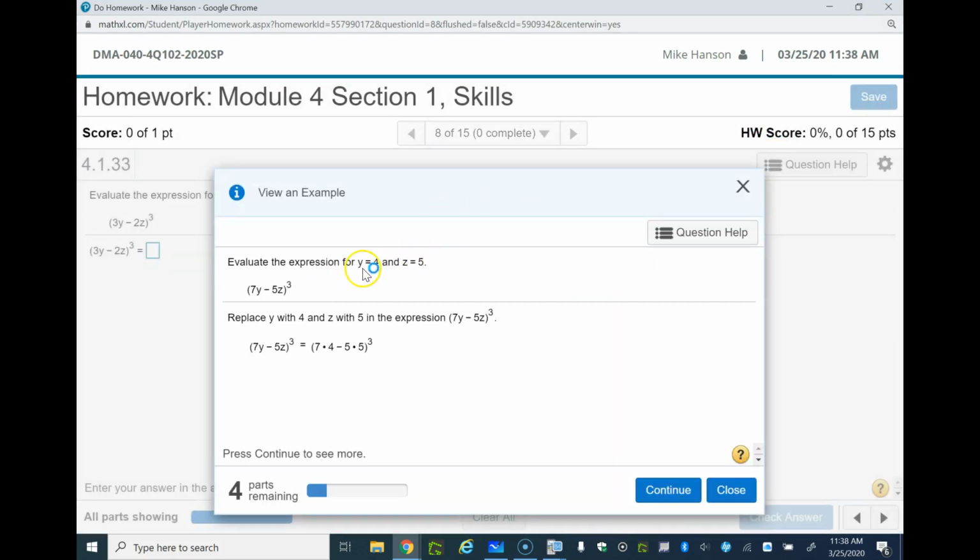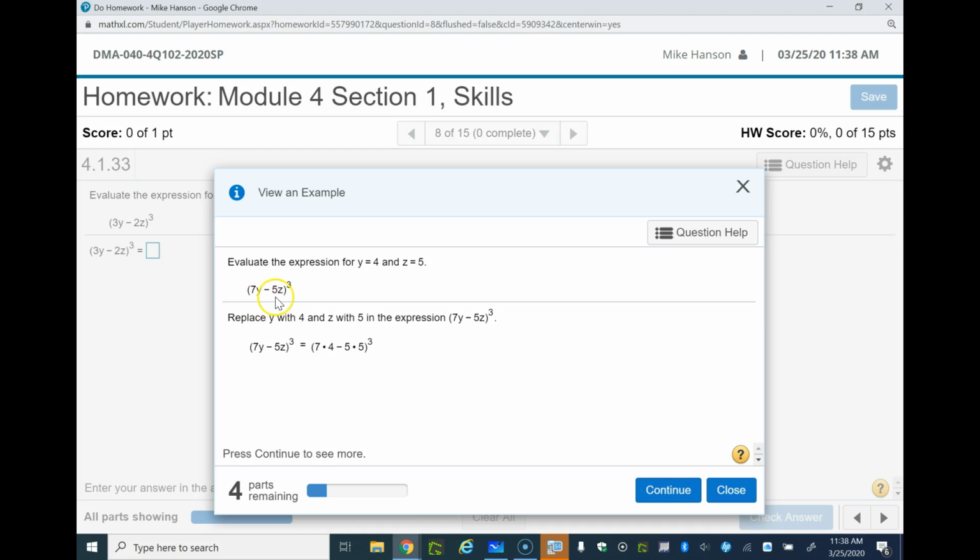Like I said, what we're doing in this section is substituting. If I'm telling you y is equal to 4 and z is equal to 5, this is where we replace the y with 4. Because they're side by side, we all know side by side means multiplication. And then we replace the z with 5 here. Because these are in parentheses, remember what we talked about in DMA 10 with Please Excuse My Dear Aunt Sally, please meaning the parentheses, and then E meaning the exponent.